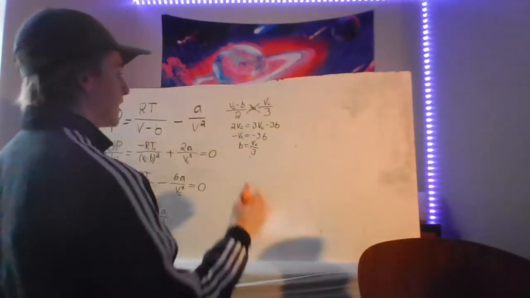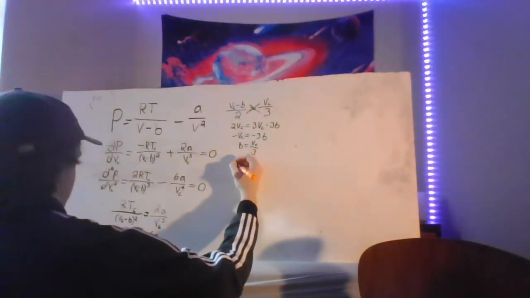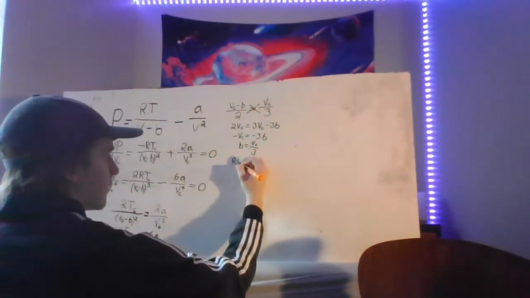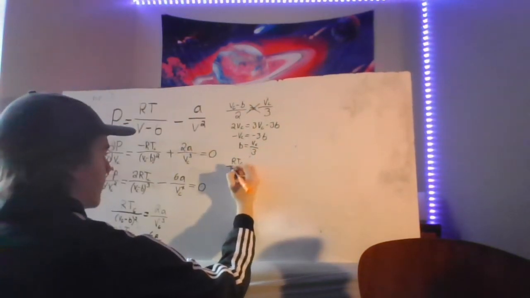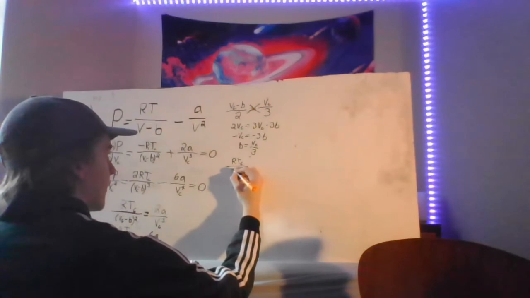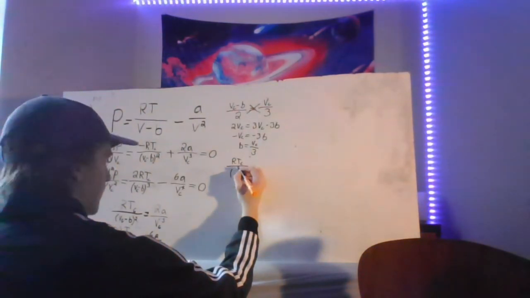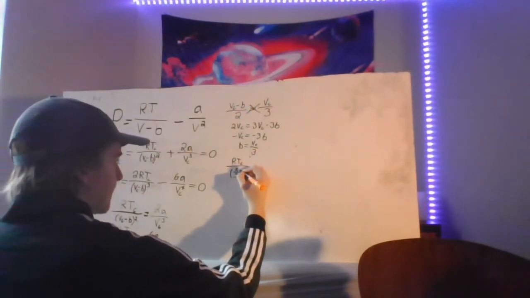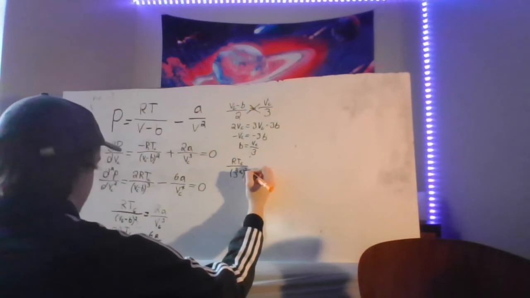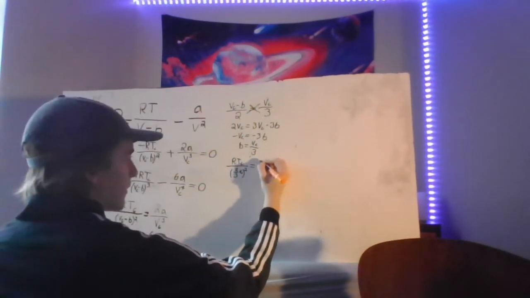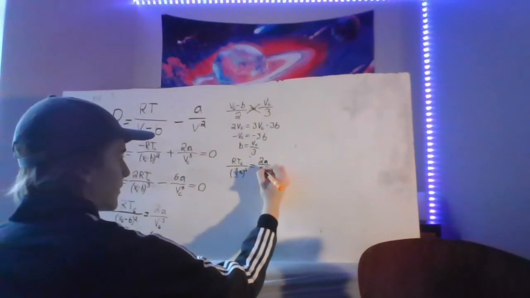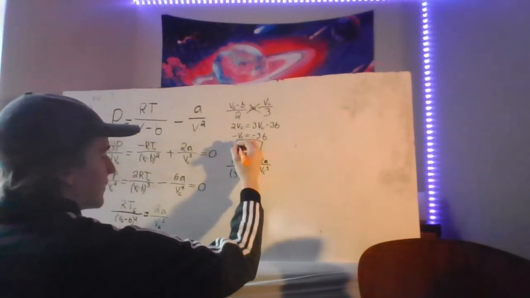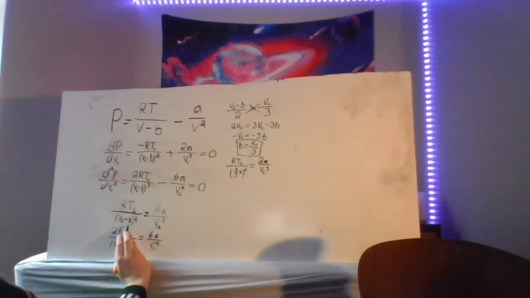So we get that RTc over (2/3 Vc) squared equals 2a over Vc to the third, by plugging in Vc over 3 for b right here.